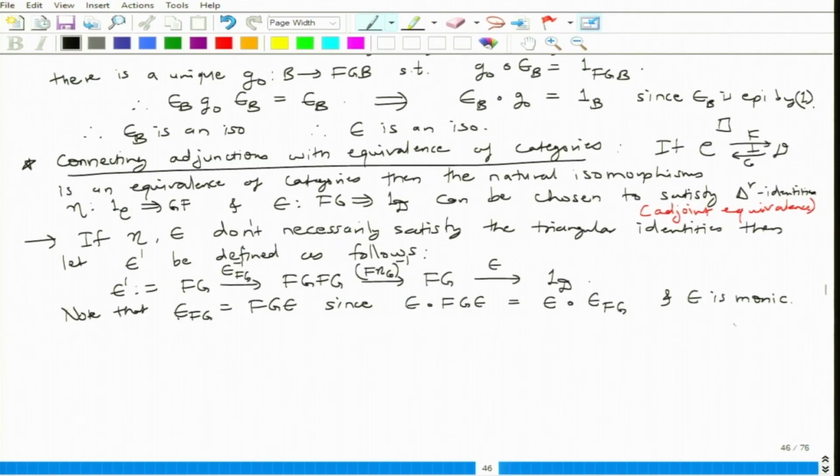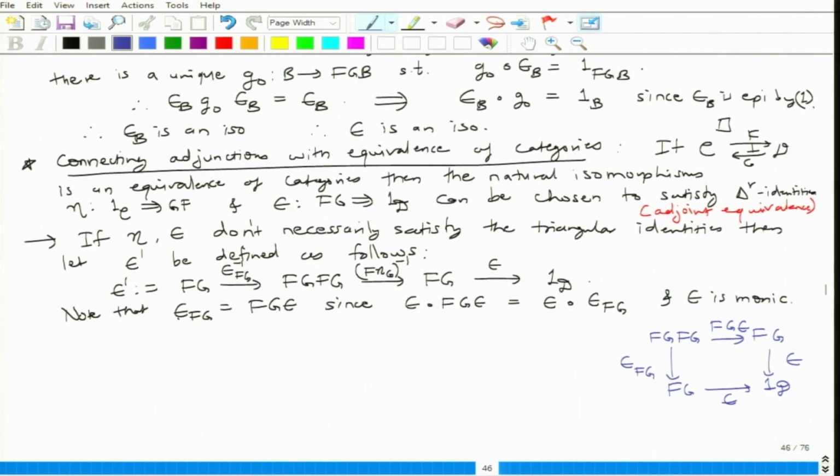Epsilon is a natural transformation from FG to identity on D. Okay, this is also FG to identity, and then what is epsilon sub FG? It is FG, and this is FG epsilon, let us say, and this is epsilon sub FG.